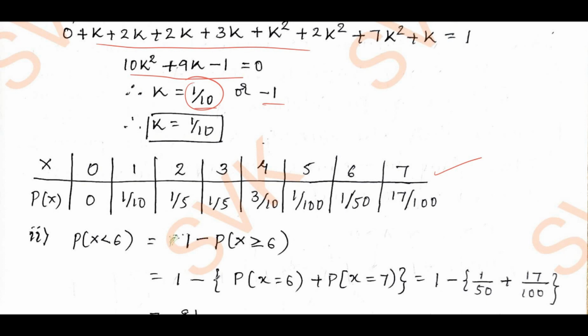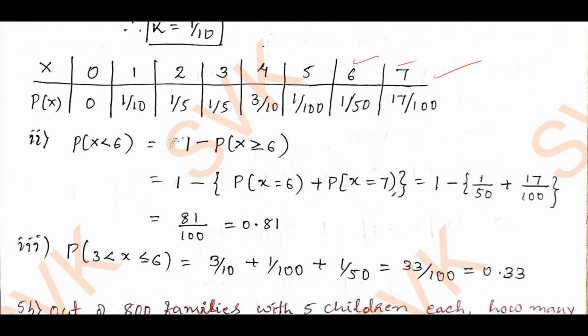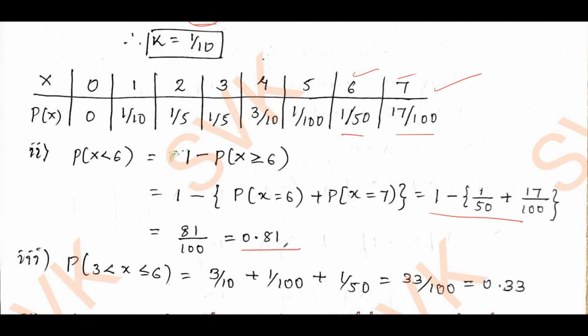Which is nothing but 1 minus the probability of x equal to 6 plus the probability of x equal to 7, as we have just two values to find. That is 1 minus (1 by 50 plus 17 by 100). Simplifying this, we are going to get 81 by 100, which is nothing but 0.81.